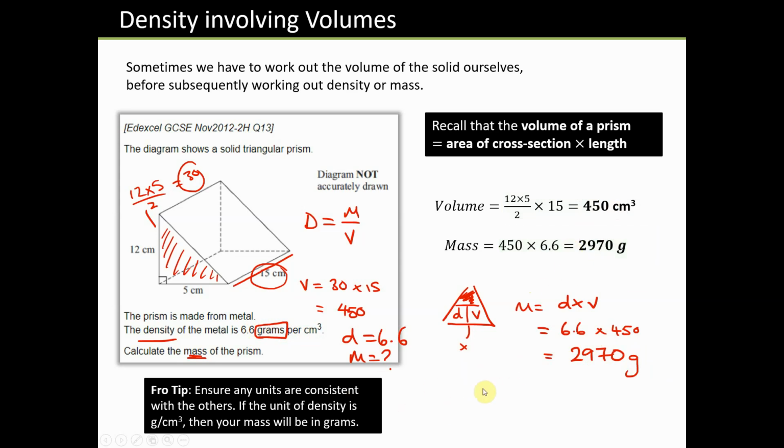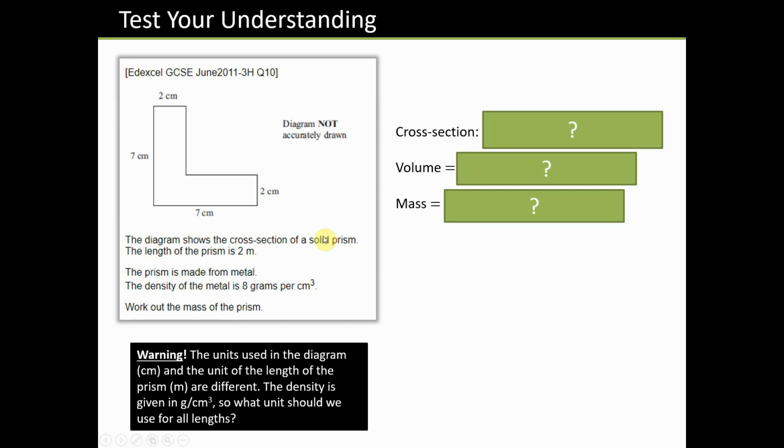So there's going to be a question here for you to have a go at. I'm going to give you a hint, because this is quite a tricky question if you don't read it correctly. It says this is a prism. But obviously a prism must be 3D. It says that the length of this prism is 2 meters. That means our shape is going to look something like this. And the second trick it does, this is a really horrible question, this is in meters and this is in centimeters.